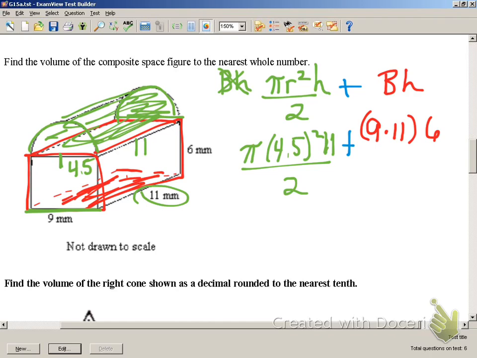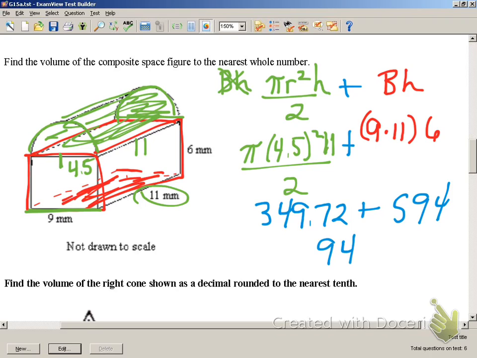I get an answer of 349.72. And then if I go 9 times 11 times 6, I get 594. Adding those two together, I get 943.72.